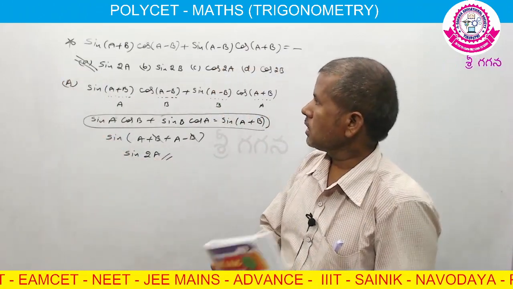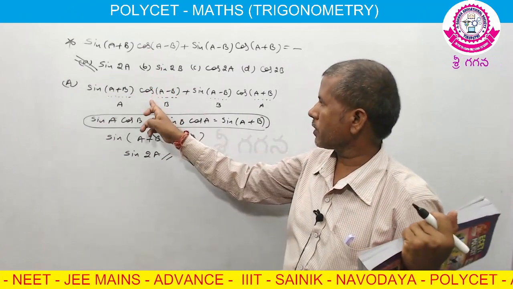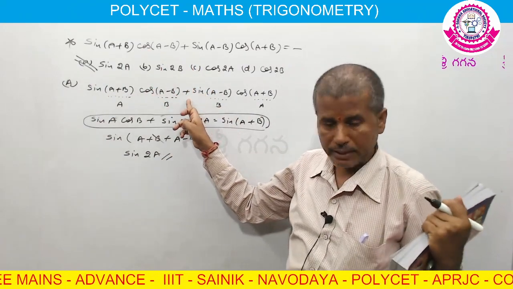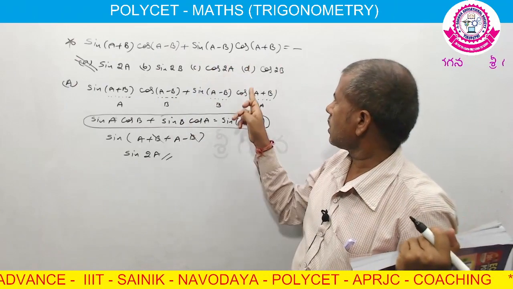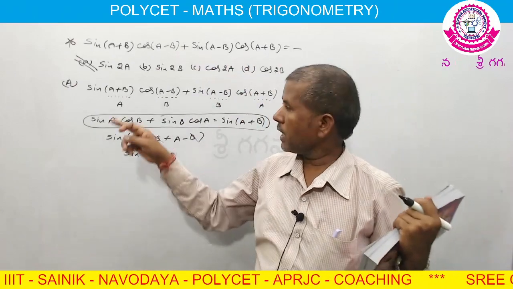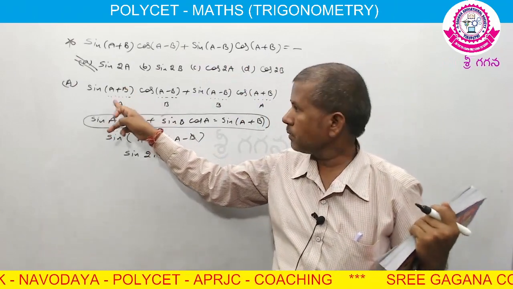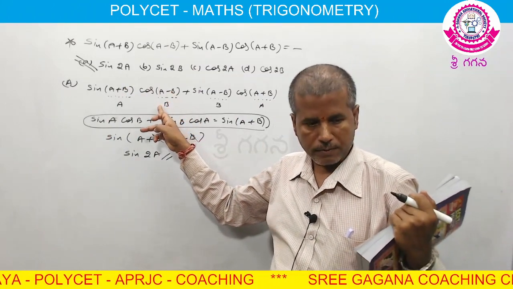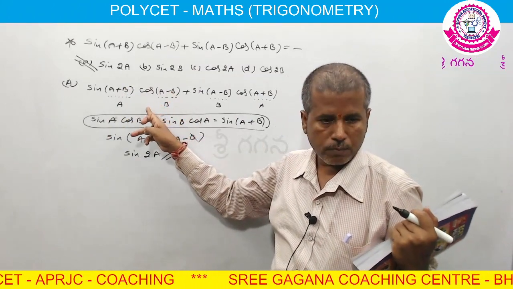So sin of (a plus b) cos of (a minus b) plus sin of (a minus b) cos of (a plus b). We assume a plus b as capital A and a minus b as capital B, no problem.